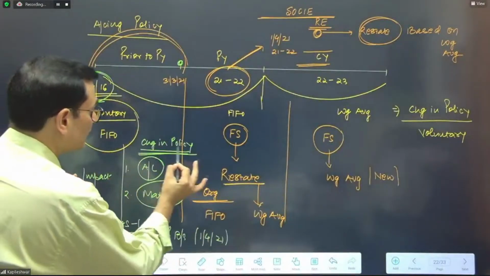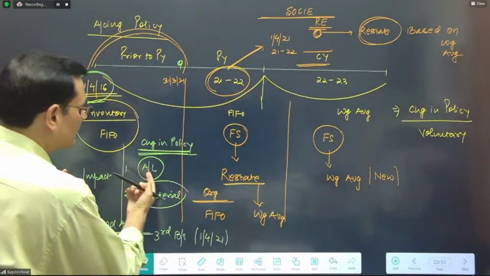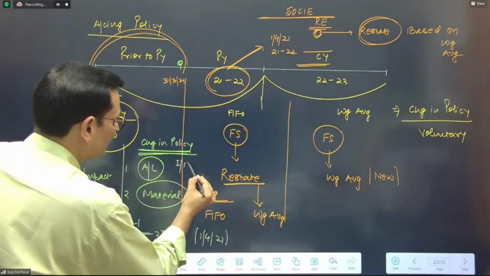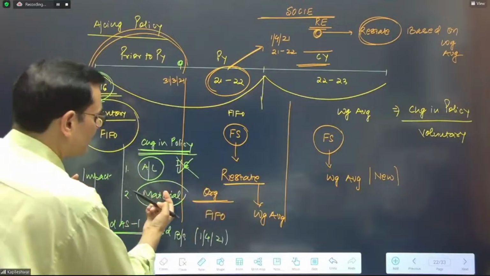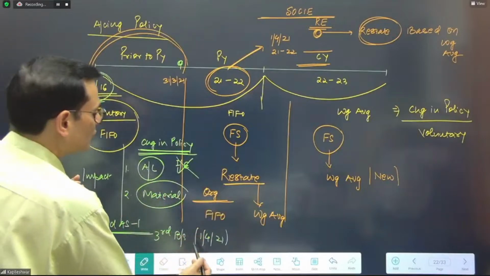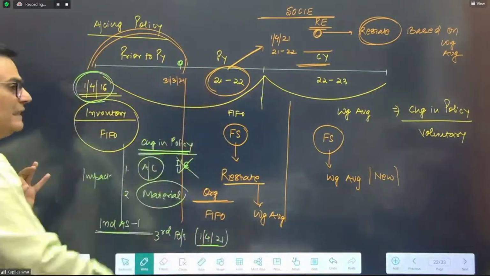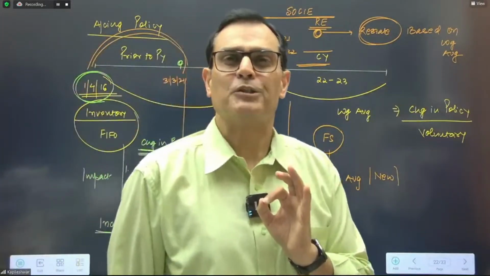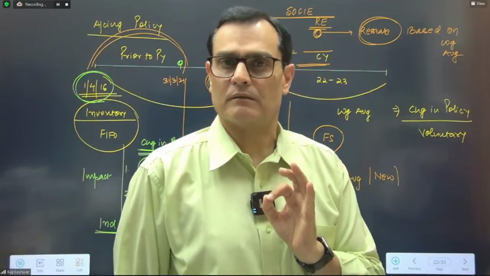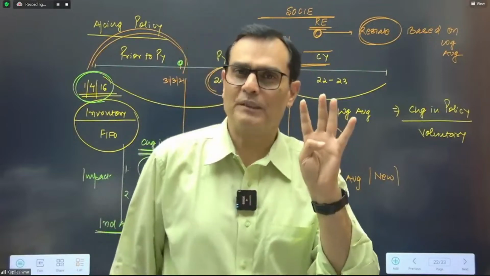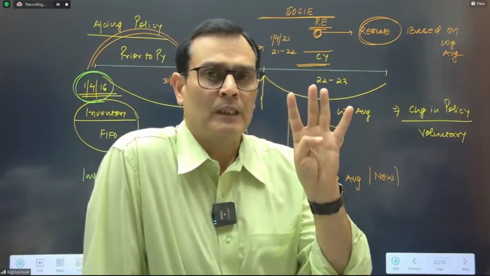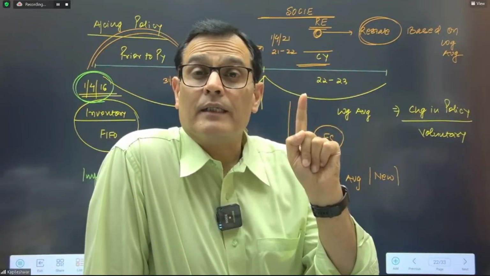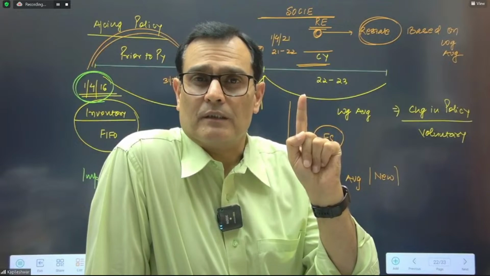If you change the accounting policy and it has an impact on an asset or liability, not income and expense, and it has a material impact, you're also required to make a balance sheet at the beginning of the previous year. So four things to be remembered when a company makes a change in the policy. Number 1, current year based on the new policy.